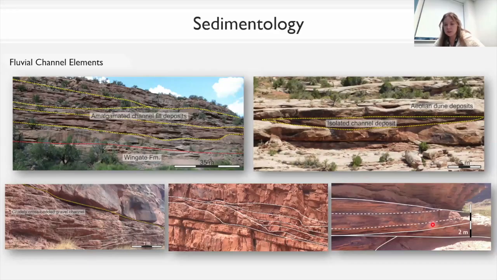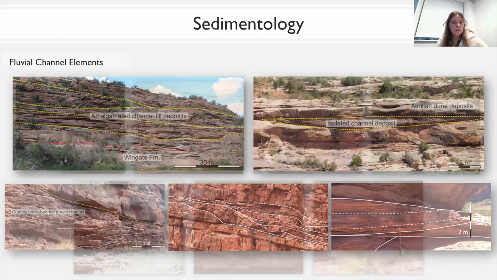And predominantly, similar to most dryland fluvial systems that have quite variable discharge, we get a dominance of these large, laterally extensive, low angle cross-bedded to planar cross-bedded bar forms. These are what we've interpreted as high discharge bar forms in these fluvial systems.